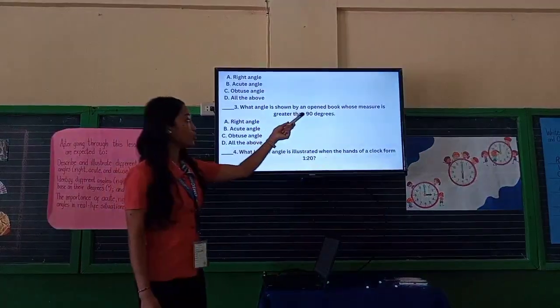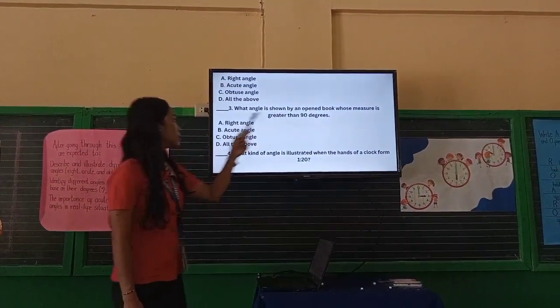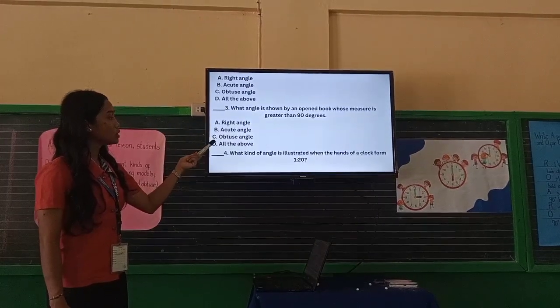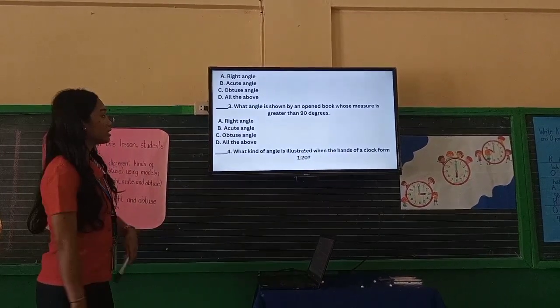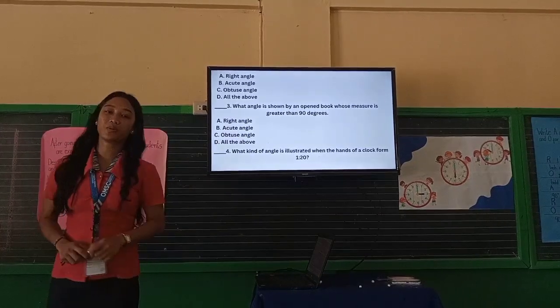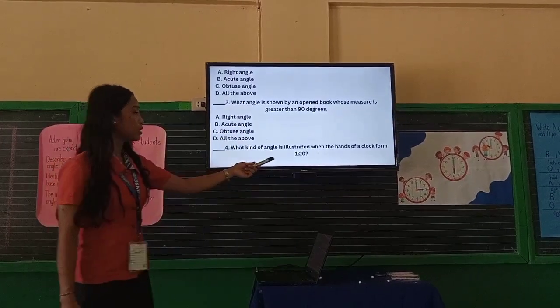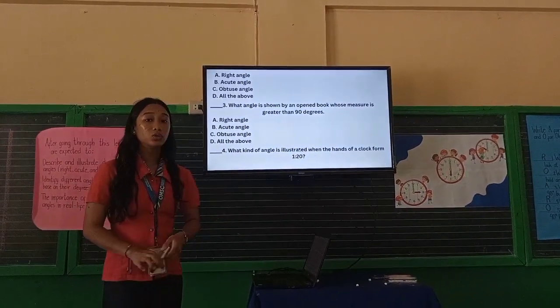Number 3. One angle is shown by an open book whose measure is greater than 90 degrees. A. Right angle, B. Acute angle, C. Obtuse angle, D. All of the above. The answer is obtuse angle. Very good. And for number 4, what kind of angle is illustrated when the hands of a clock are formed at 1 and 20?